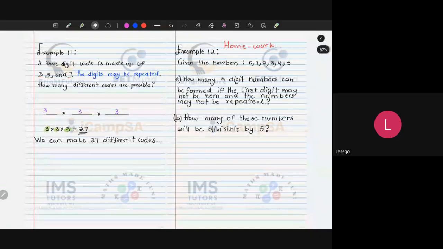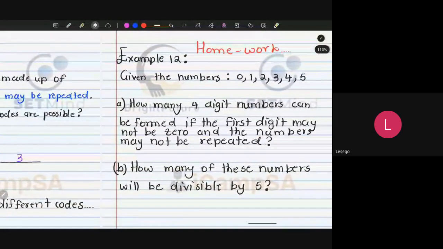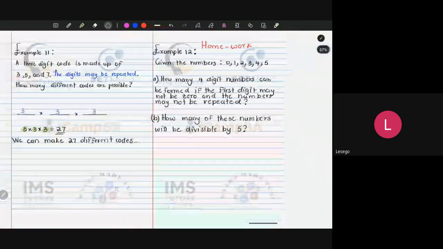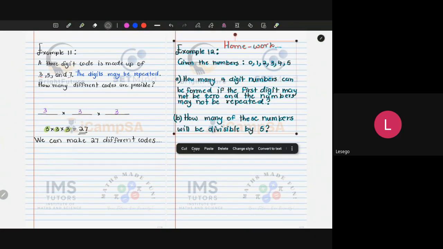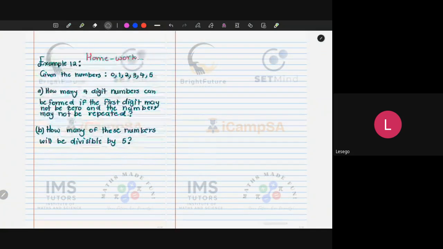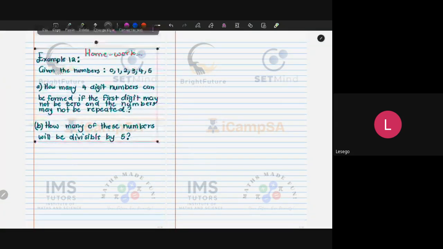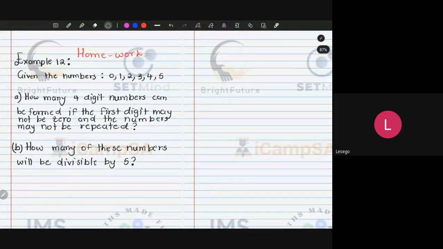So let's go to example number 12, which I think was the last problem, and I left this as homework. Before we begin, I would like you to help me answer these questions. And then I can do my introduction and we get up to speed with the work of today. Anyone?